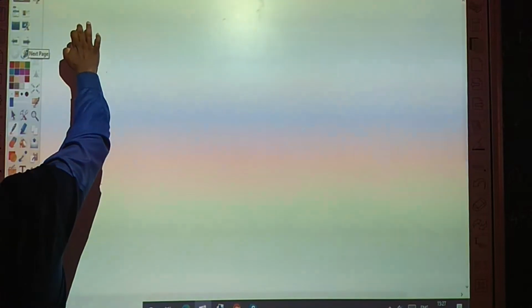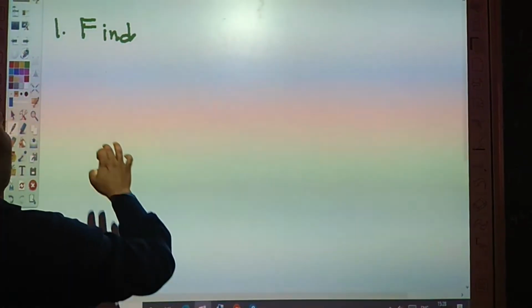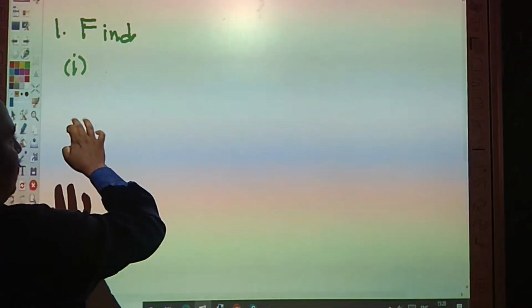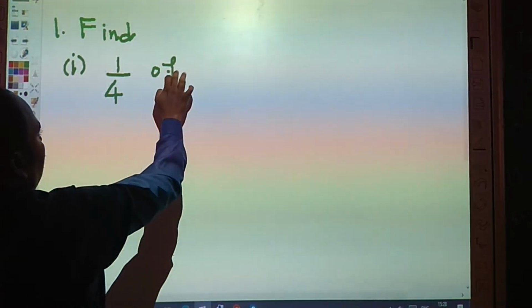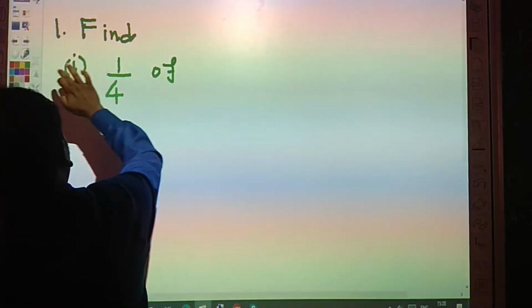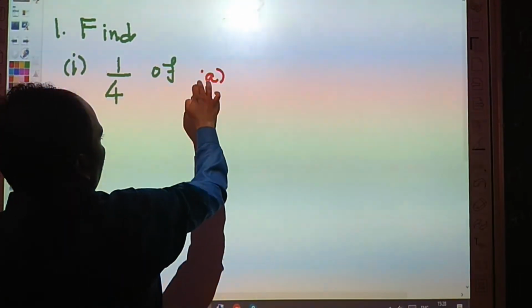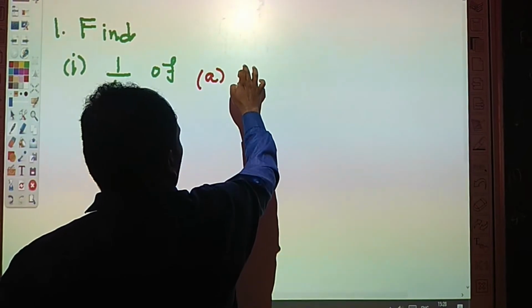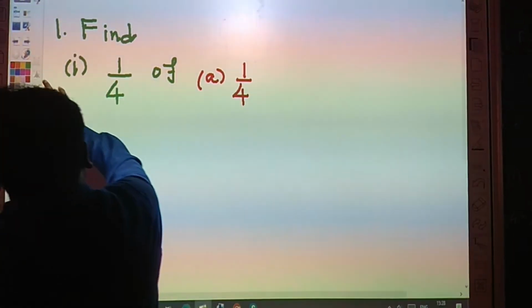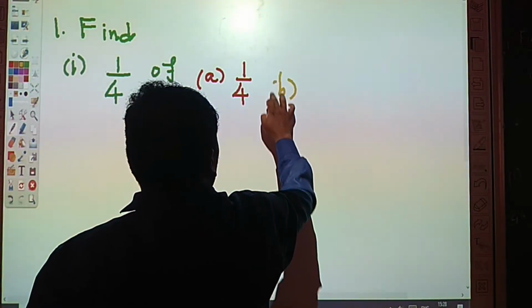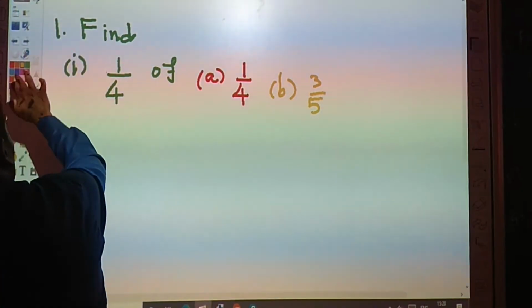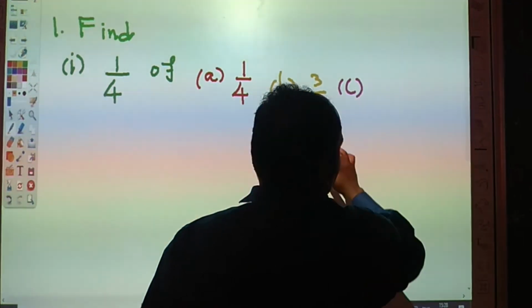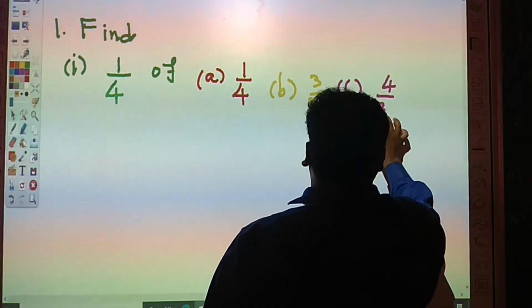Exercise 2.3. The first sum is: find the first Roman numeral one: 1/4 of A, 1/4 of B, and 1/4 of C, where A is 1/4, B is 3/5, and C is 4/3.